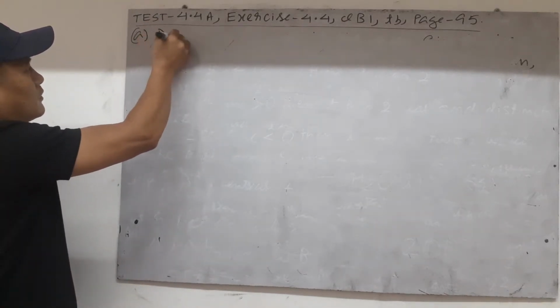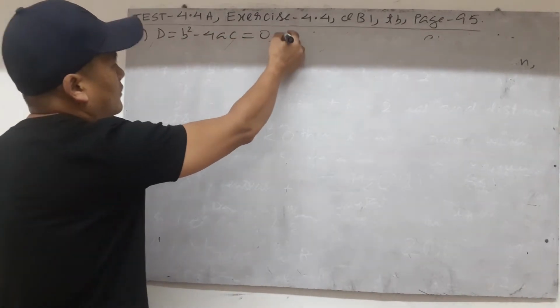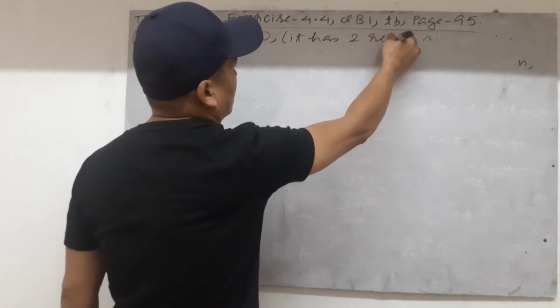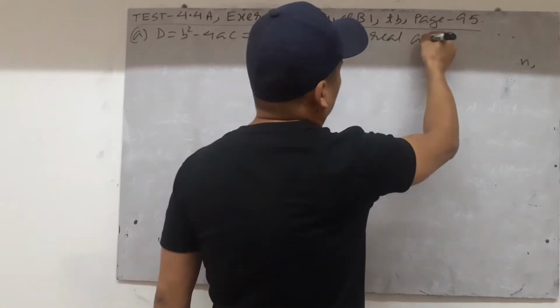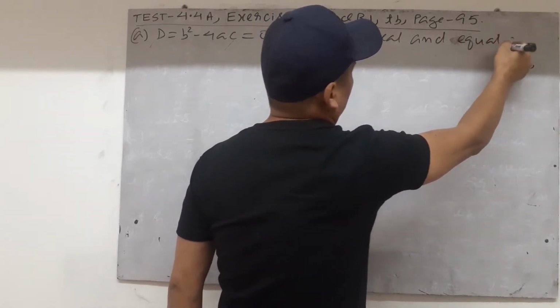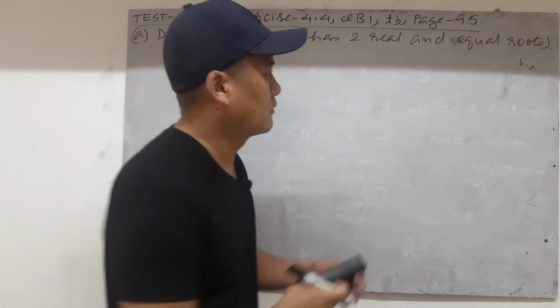If this D equal to b square minus 4ac is equal to 0, it has two real and equal roots. The first condition, keep that in mind.